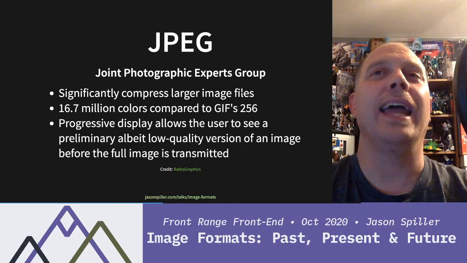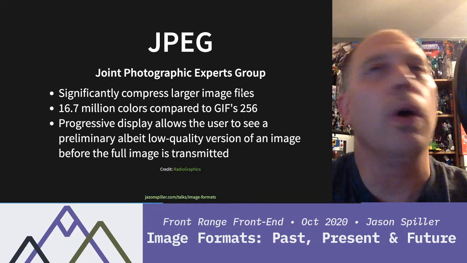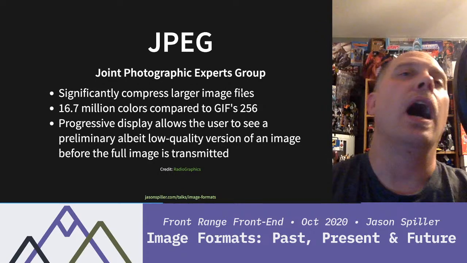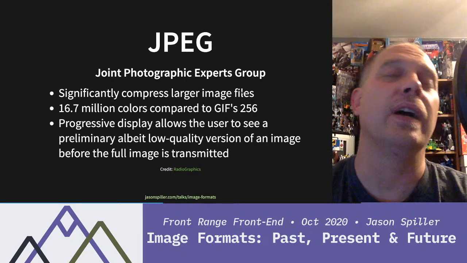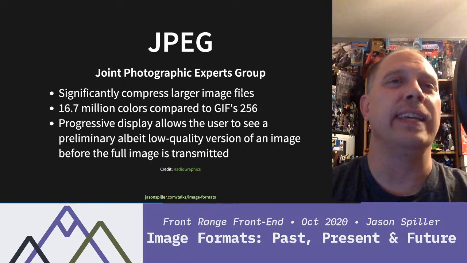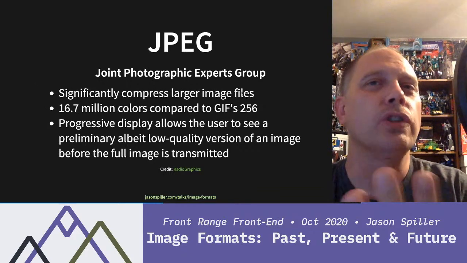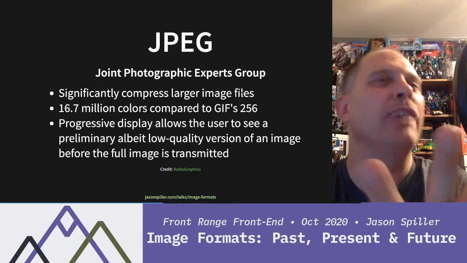And so that made it perfect for images. Of course, no transparency, no animation there. It also sported a progressive display that allows users to see an initial low quality version of the image, and then as more of it downloaded, it would sharpen.